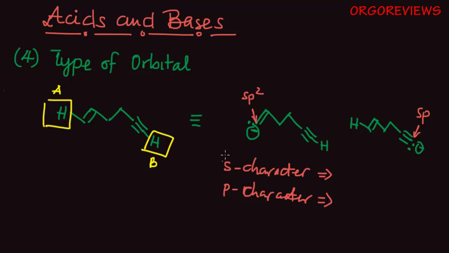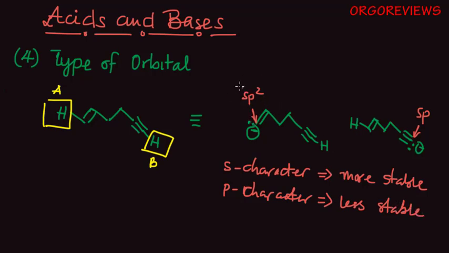And the more S character you have in the orbital, the more stable that particular electron is going to be. So electrons are more stable when you have more S character than when you have more P character. So more P character is less stable.